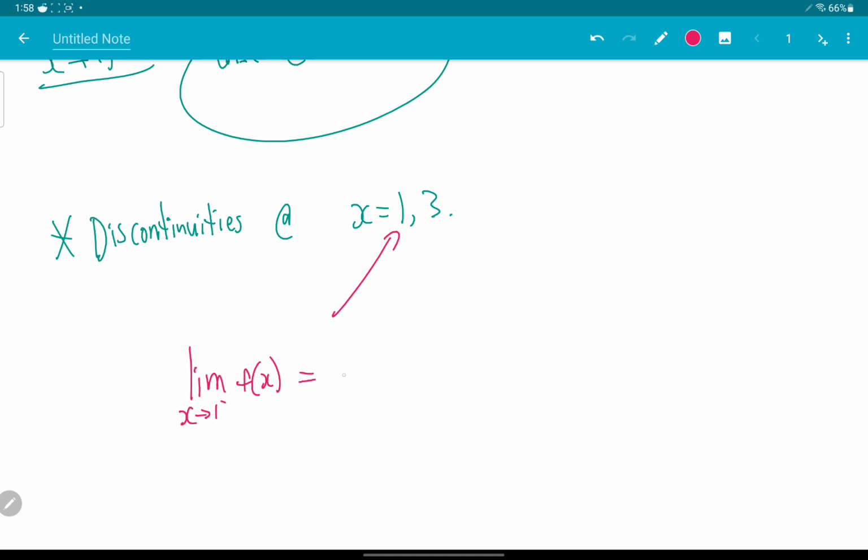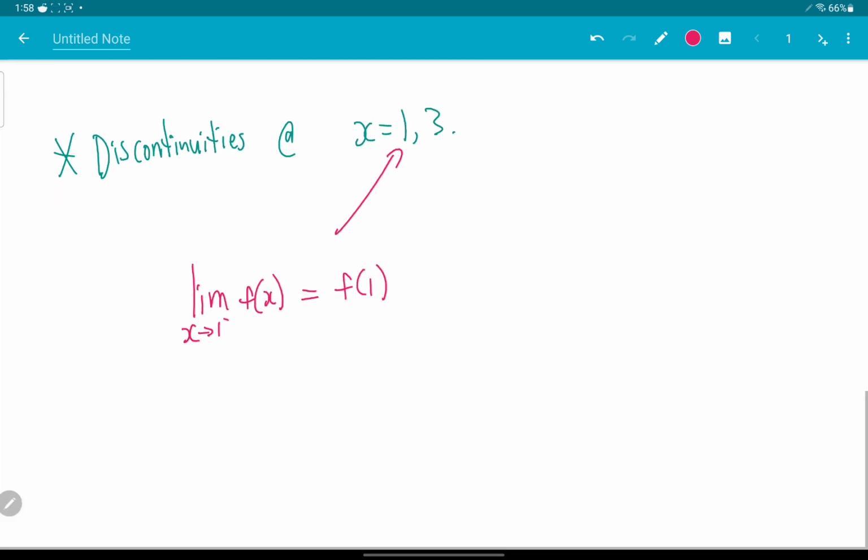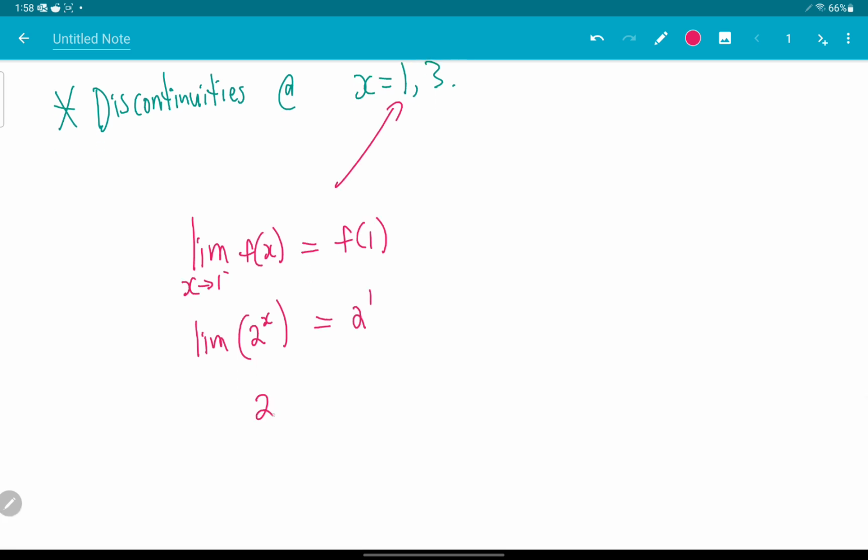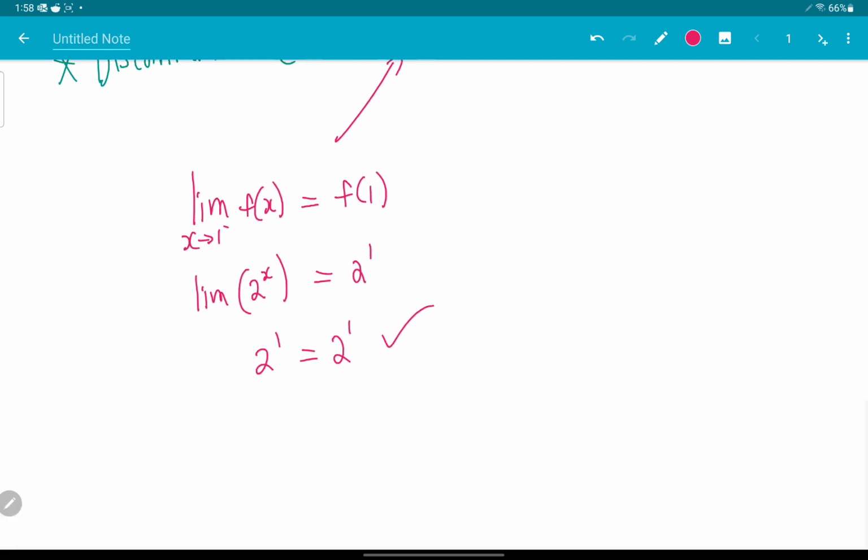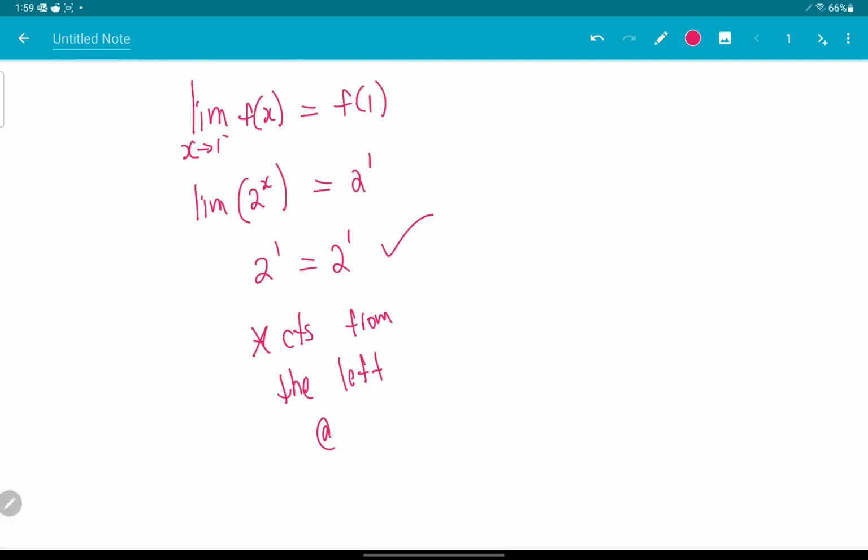That will indeed equal actually f of 1. Because here we use the 2 to the x definition, and here we have just 2 to the 1. So we get 2 to the 1 is equal to 2 to the 1. Yes. So we say continuous from the left at x equals 1.